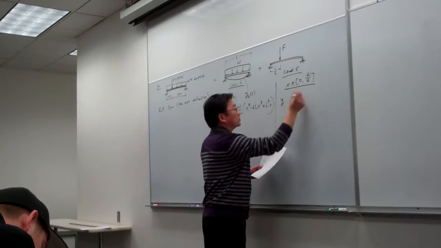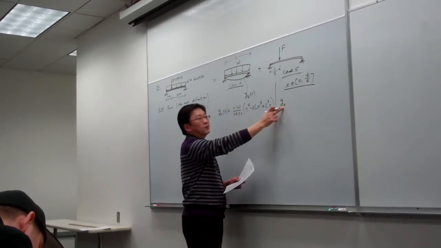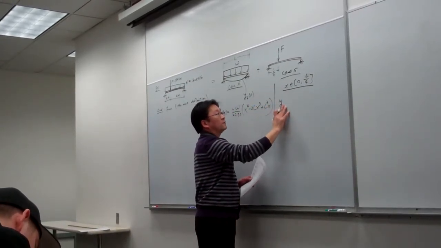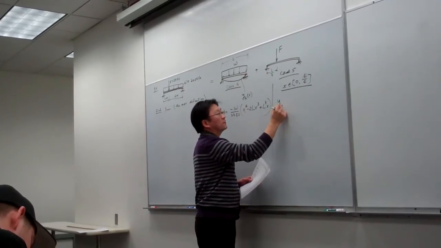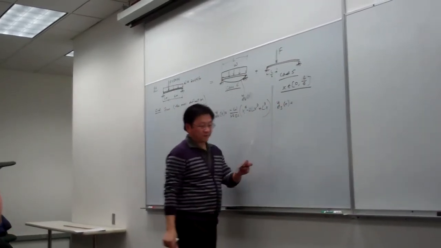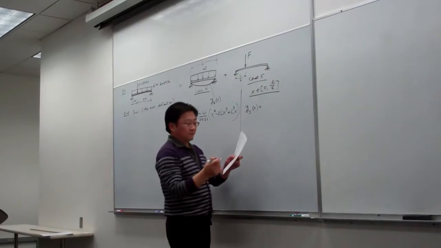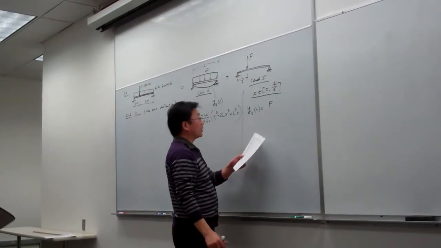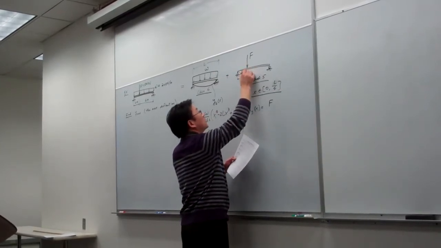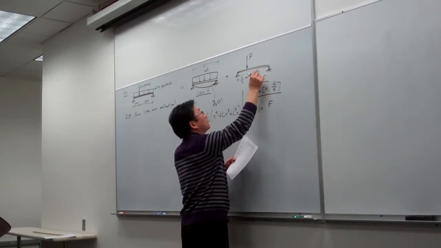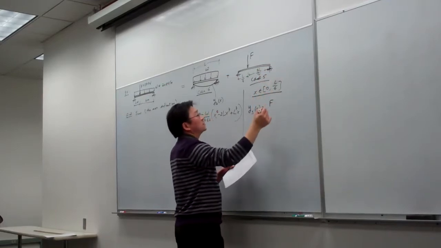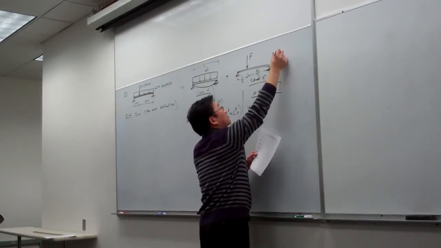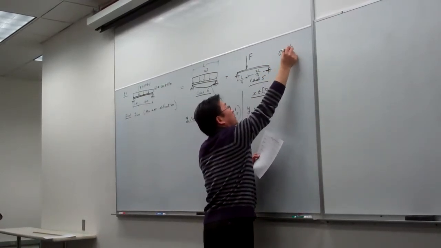So for this one, let me say this. In this range, the Y, let me call using the symbol Y5 to indicate this is case 5, and then we can copy from the information. Here is F times what is B. B is here. B is 3L over 4. So for this case, this maps to the information is L over 4.